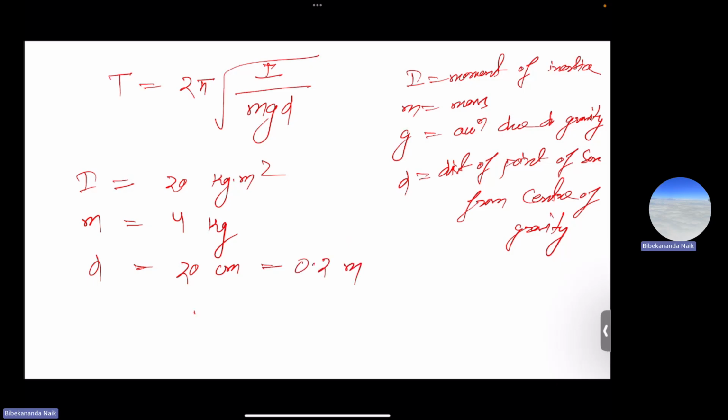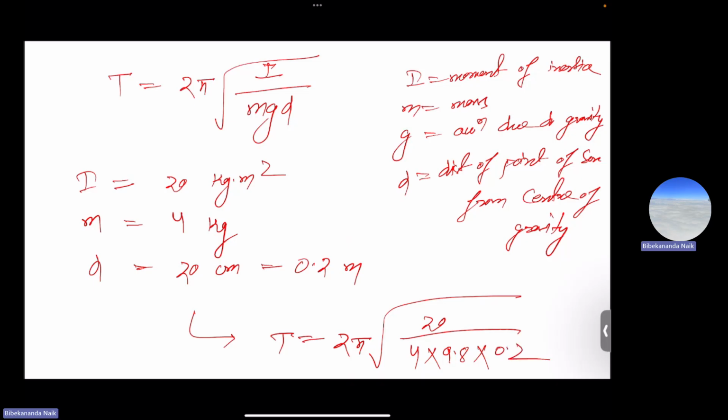So if we put all the values, then T will be 2 pi square root of 20 divided by 4 into 9.8 into 0.2.